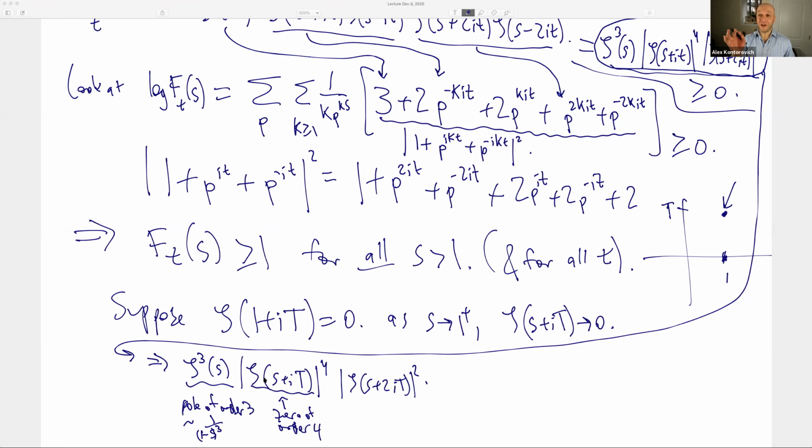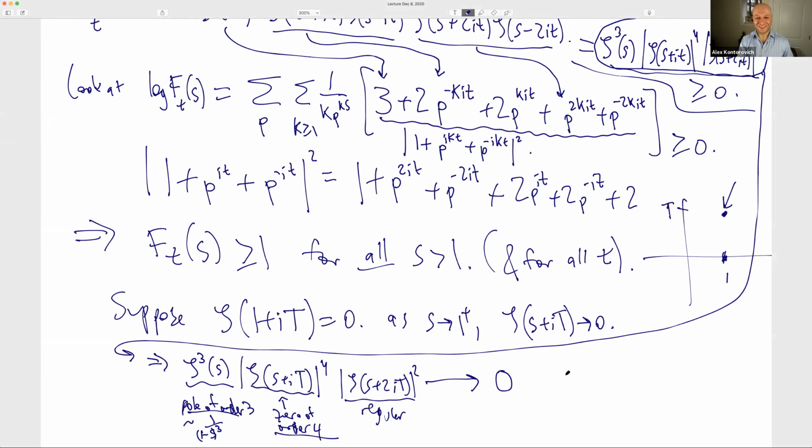If you're analytic and you vanish, then you vanish polynomially. And so when you raise it to the 4th power, it vanishes to order 4. And this is regular. It might vanish, it might not, doesn't matter. A 0 of order 4 times a pole of order 3 means that this thing goes to 0, awesome.